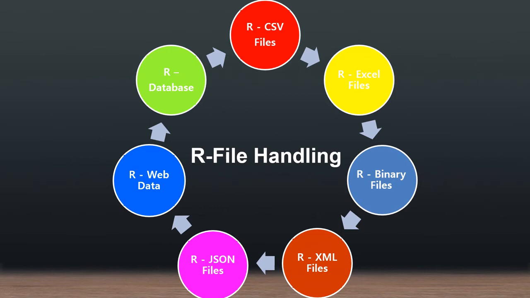The next kind of file is the binary file, which I'll also be covering. Other kinds of files are XML files, JSON files, web files, and database files. These are the files we'll be covering.